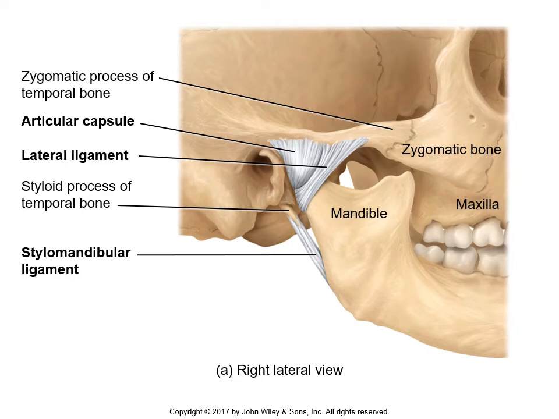But you can see there's a number of structures and ligaments, right? This structure here, this is the zygomatic process of the temporal bone. That kind of cheekbone. Well, cheekbone's more so up in here, but kind of the bridge that extends backwards towards the temporal bone.